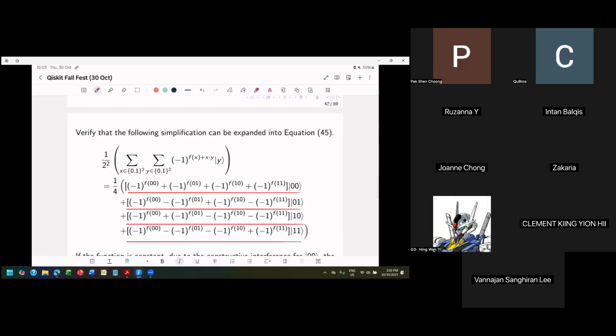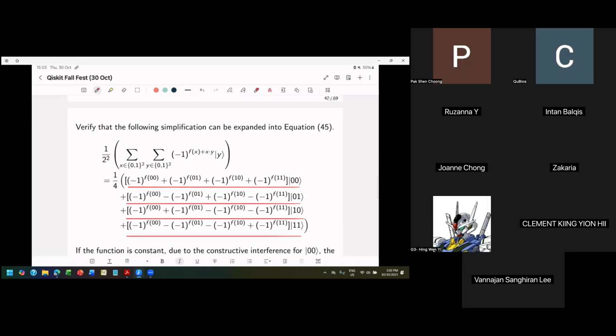It will not happen, right? Because if it is a balanced function, basically for the 0, 0 state, two of them will be positive, two of them will be negative. I don't really care about 0, 1, 1, 0, and 1, 1 in this case.